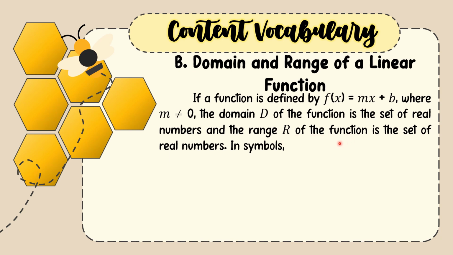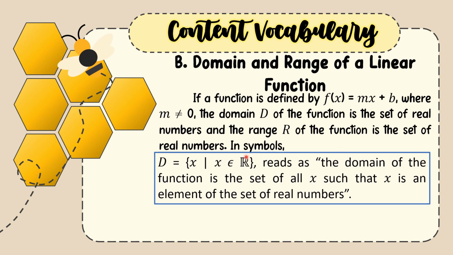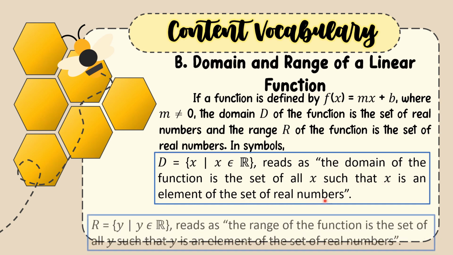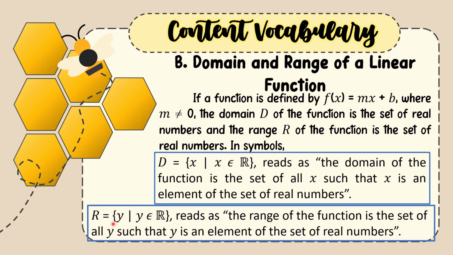So in symbols, that is presented as D, or domain, is equal to the set of all x such that x is an element of the set of real numbers. While the range is the set of all y such that y is an element of the set of real numbers.